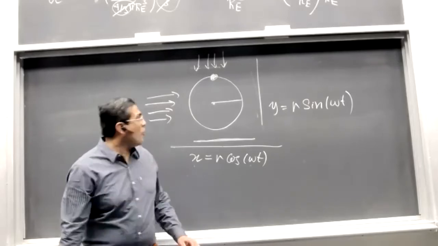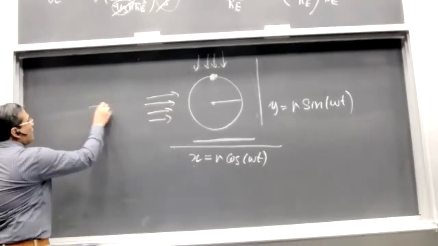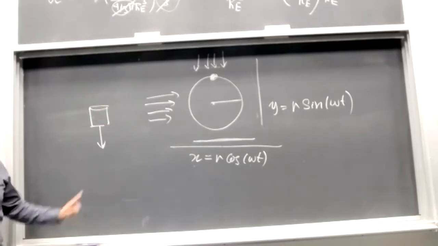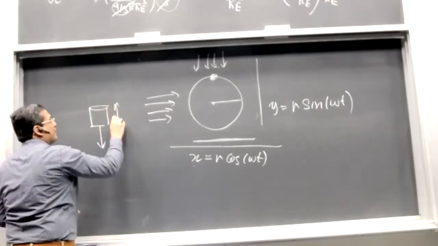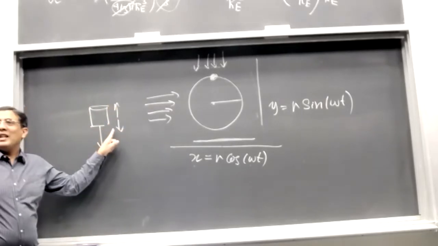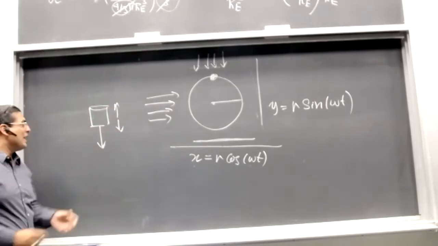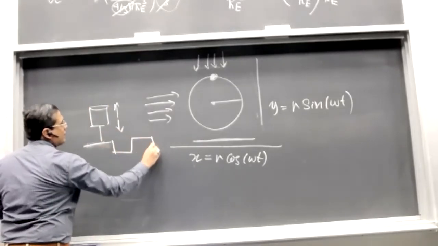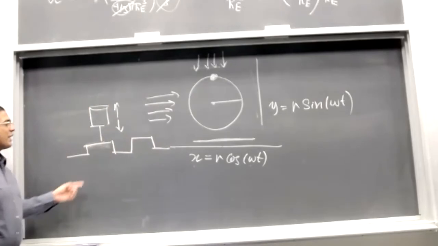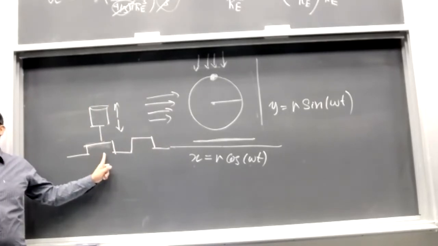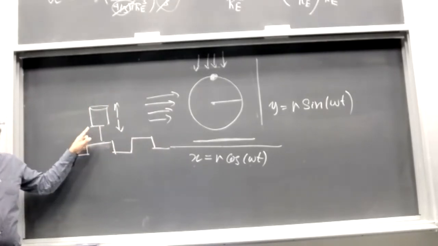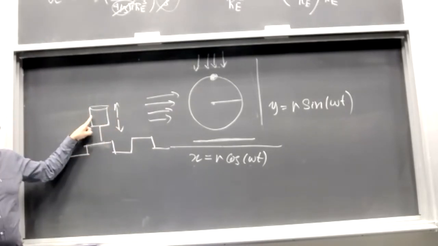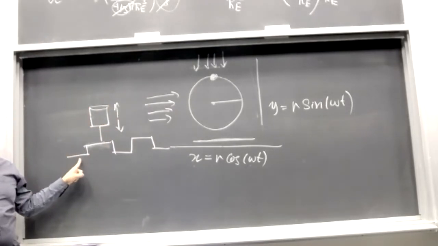For example, in how an engine works, you have a piston going up and down, doing oscillatory motion. Connected with the piston, you have a crankshaft, which in this whole design changes the oscillatory motion into rotational motion.